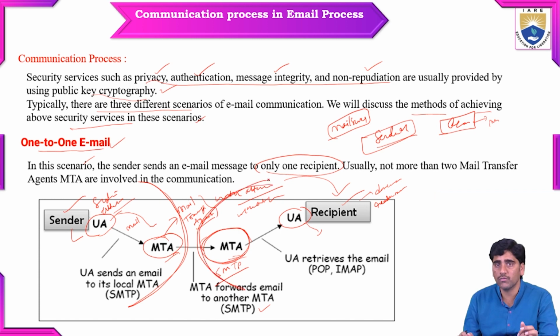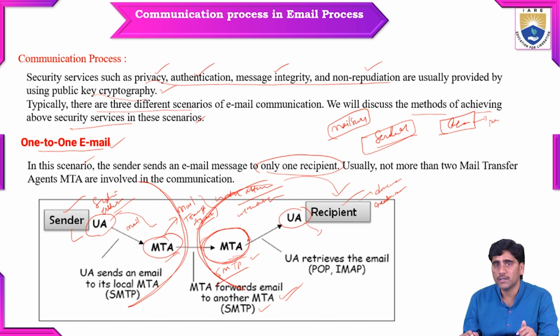The local MTA forwards this email to another MTA on the recipient side. From the sender side a local MTA is there, and from the recipient side a local MTA is there.